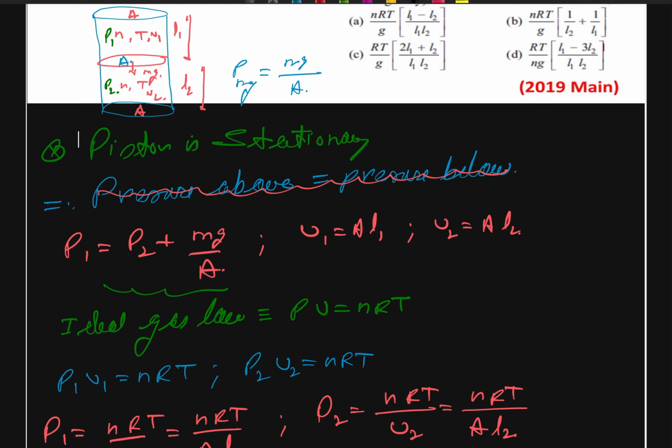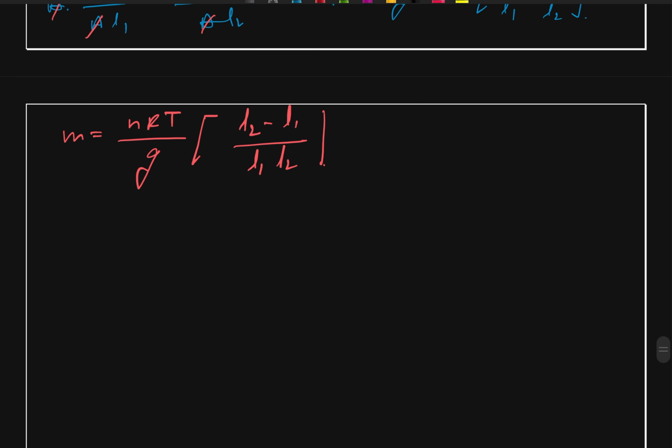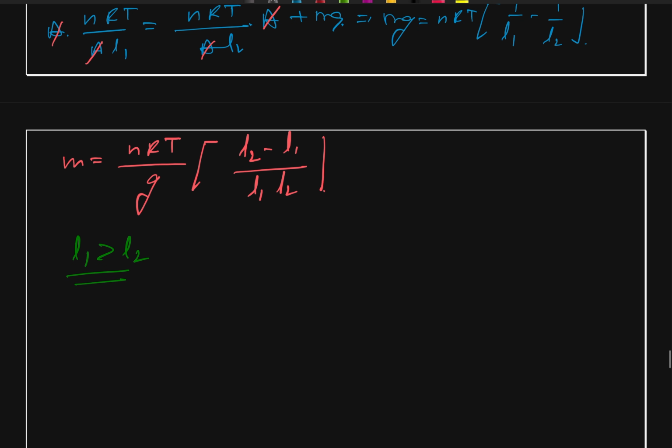We have to remember that L1 is greater than L2, that is given to us, and we know that V1 is equal to area times L1 and V2 is equal to area times L2.